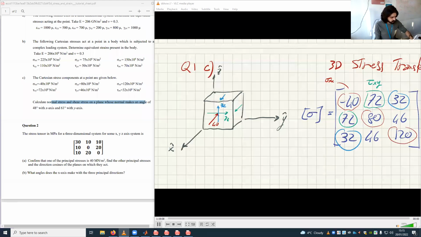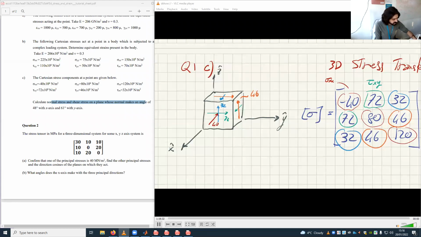Last one, let's make this orange. So this is tau yz, so it's tau in the y face, which is this one, direction z. And this is 46. And of course, we have another one that must meet it at the edge. See, they always meet each other or they go away from each other.